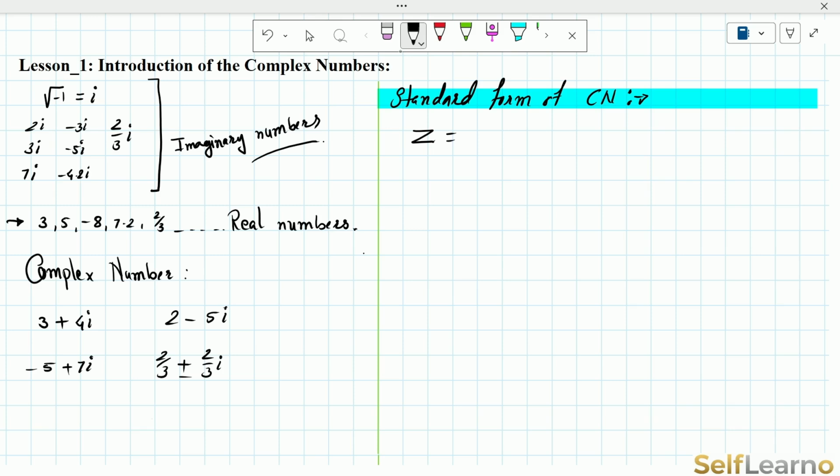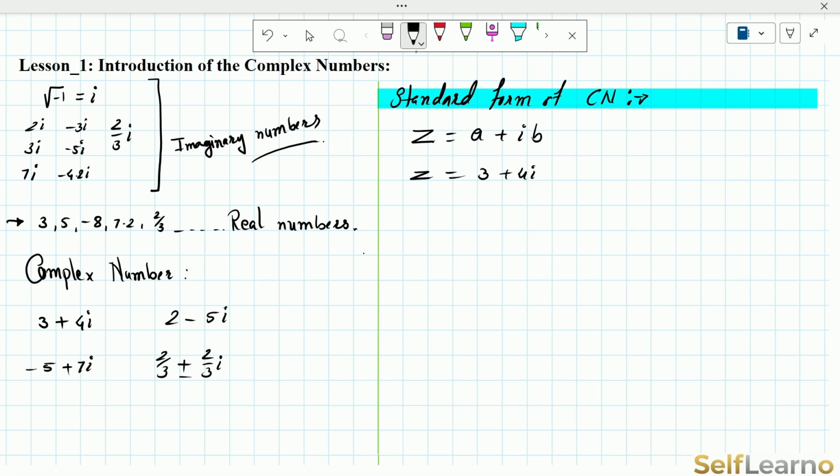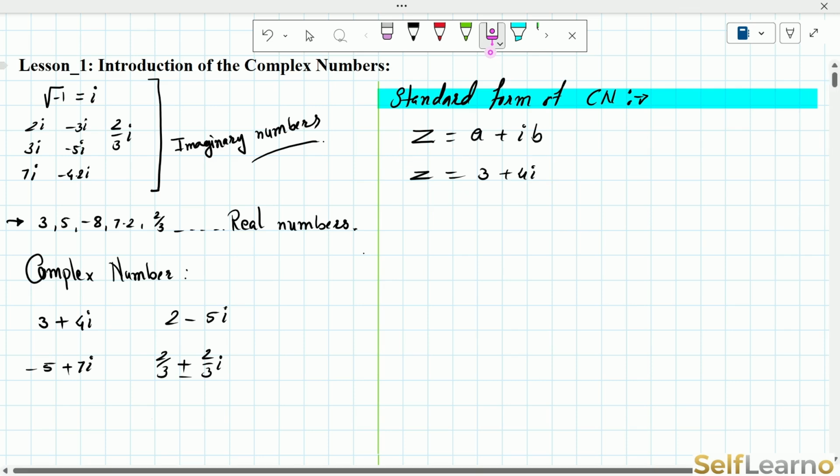So here I accept z is equal to a plus ib. It is very similar to this example, z is equal to 3 plus 4i. 4i or i4, whatever you can write. Okay, that is fine. So this is the standard form of a complex number.